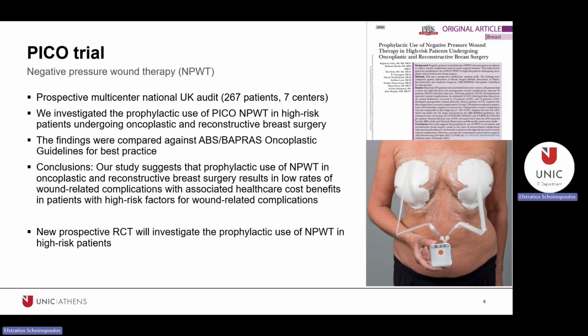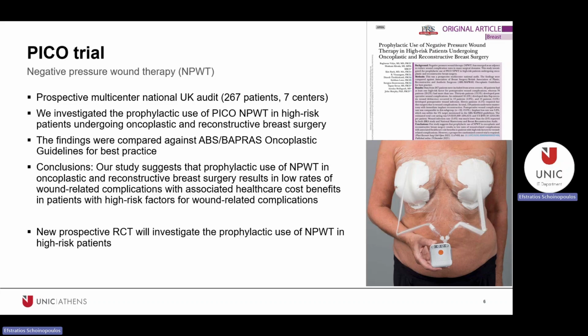So in high-risk patients for wound healing complications, if we use a negative pressure dressing for a week after surgery, we had fewer complications. We compared this to what was considered as okay from the Association of Breast Surgeons. So they said that for this type of operation, you should have up to this amount of complications.